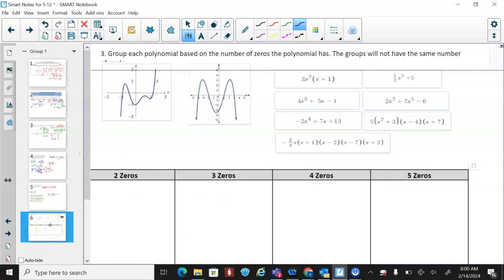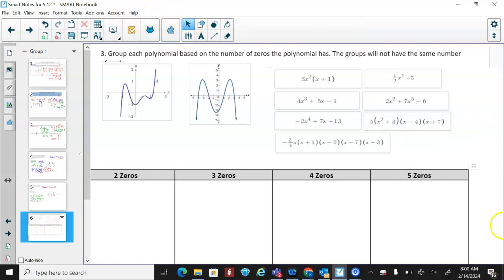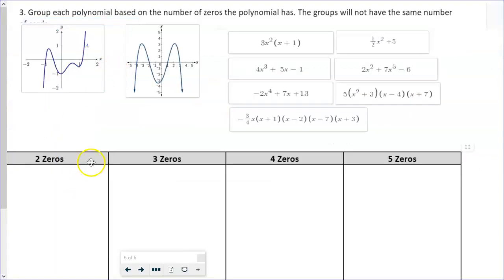All right, guys, and here, we are simply matching which function will go to which box. Let's make it bigger so maybe it's easier for us to see.